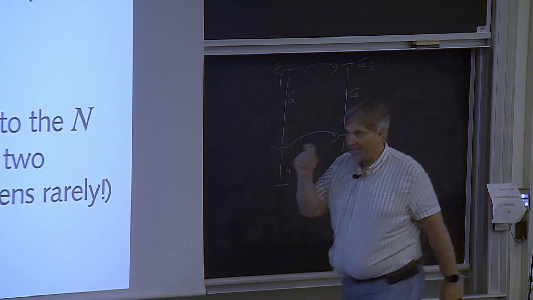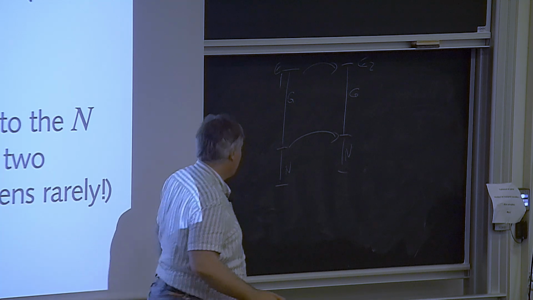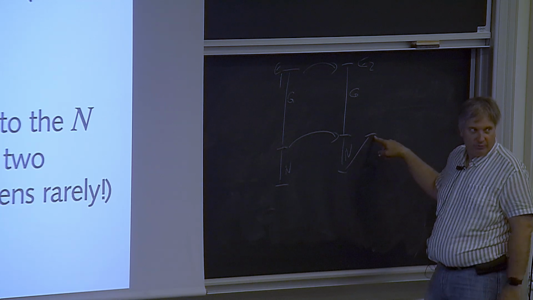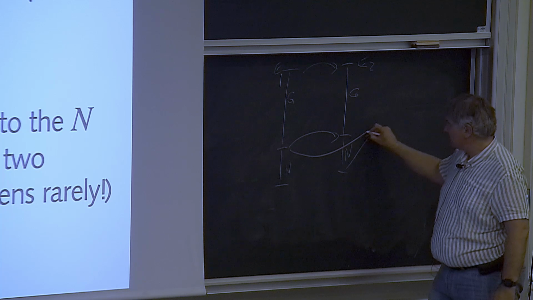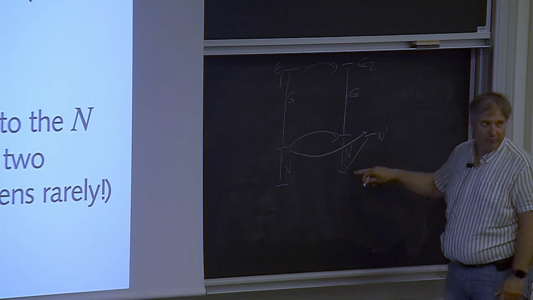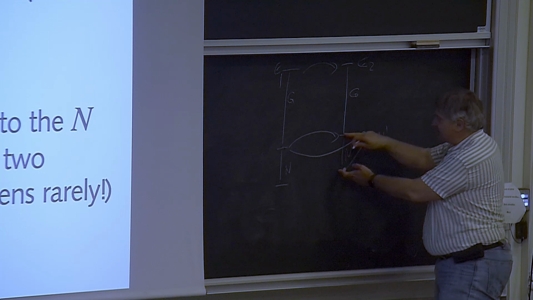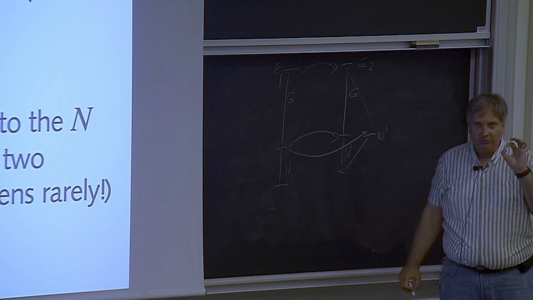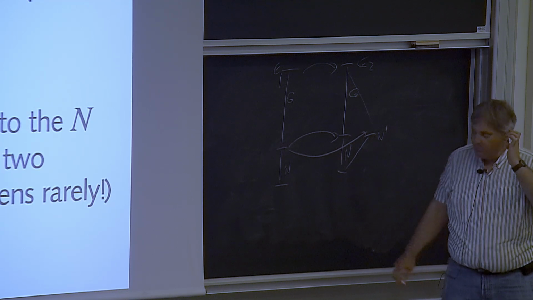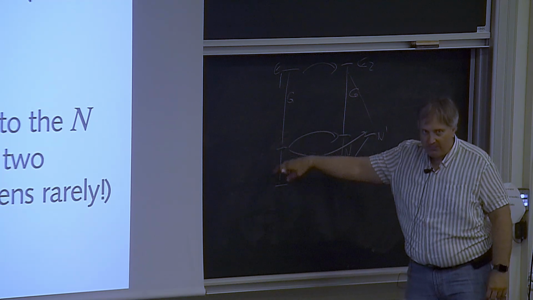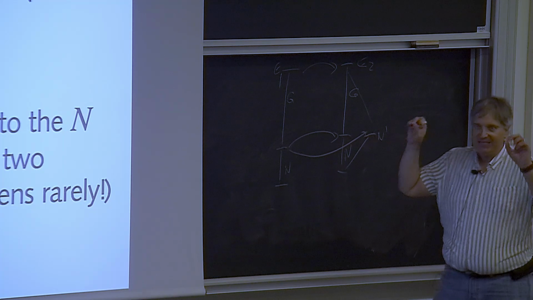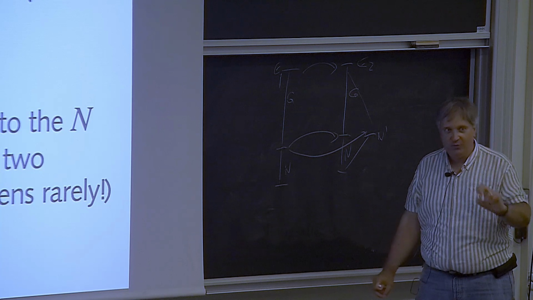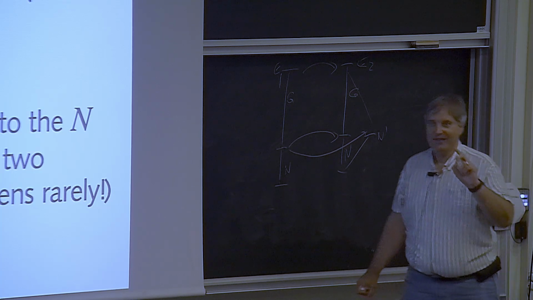That means any prospective isomorphism will map this N to another normal subgroup N prime, such that the N's are isomorphic and the factor groups are isomorphic. So the only groups I need to consider for isomorphism are groups which have two minimal normal subgroups which I basically can't distinguish. And that's few of them. And that's why I only need to do few isomorphisms. And that's why it works.